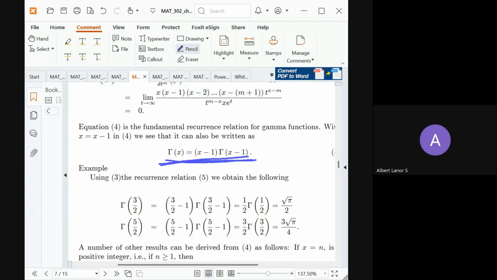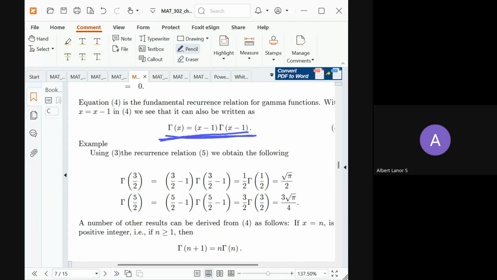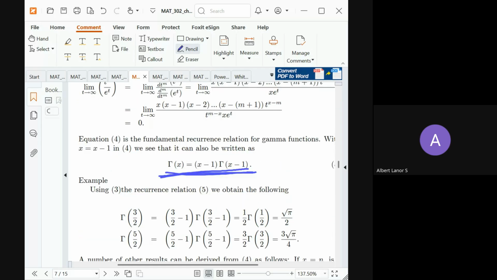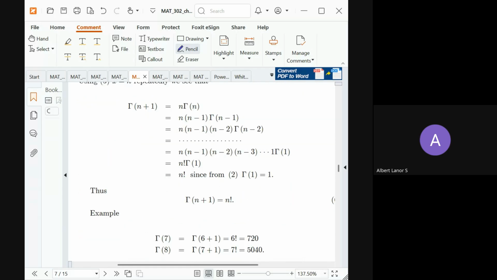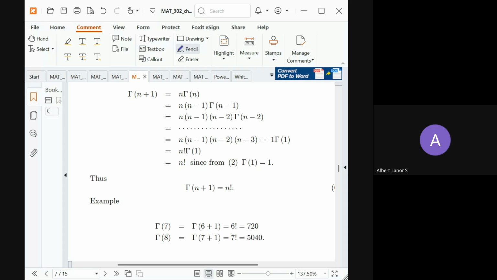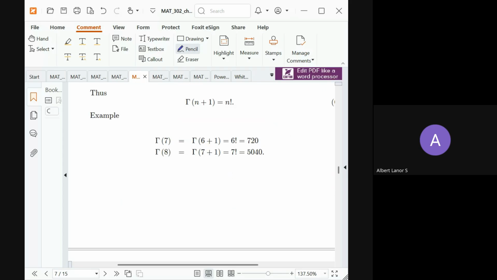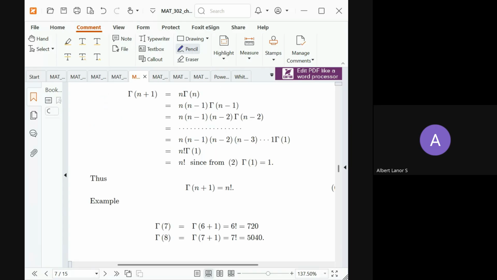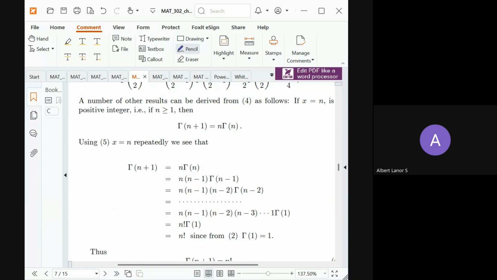Okay. Now we come to recurrence relations. So first, let's start with the integer ones.